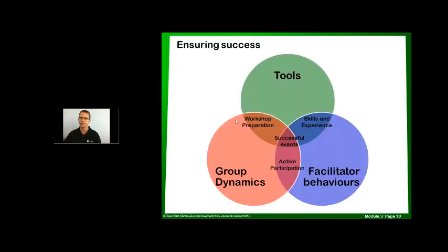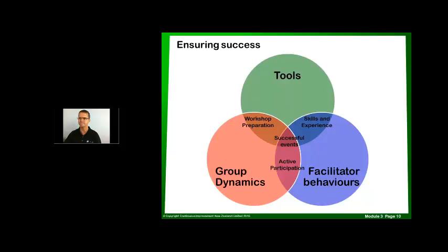So there are 3 main areas: the facilitation, as I just discussed, where they need to have lots of skills and experience and tools available to them. Then you need to be careful about your selection of participants, and think about which tools you're going to use to engage them in the event itself.